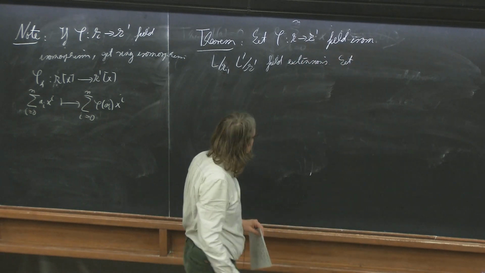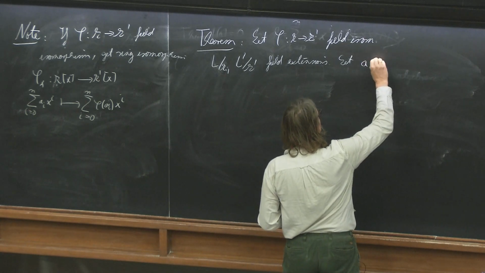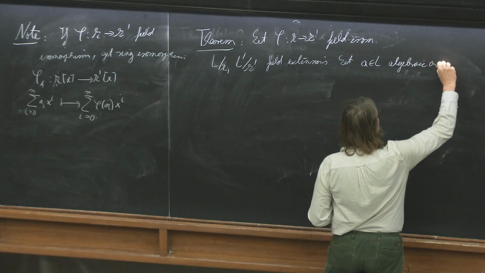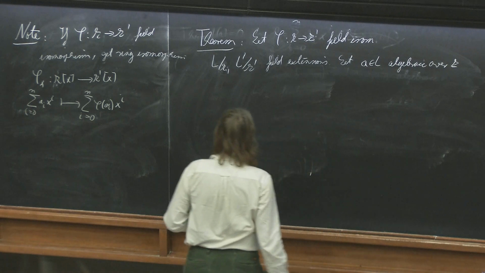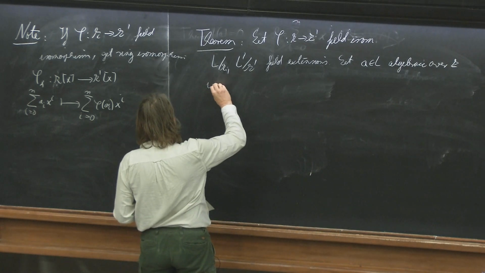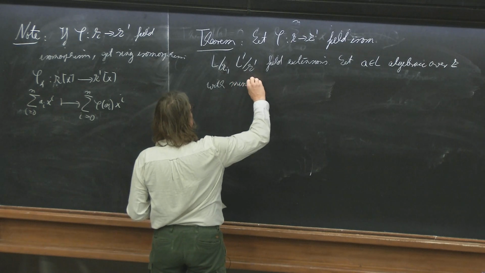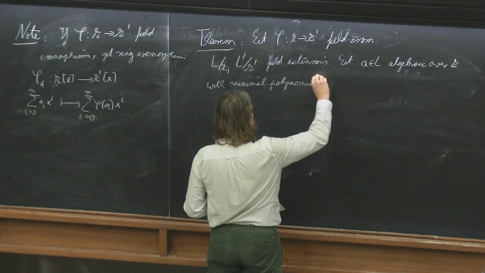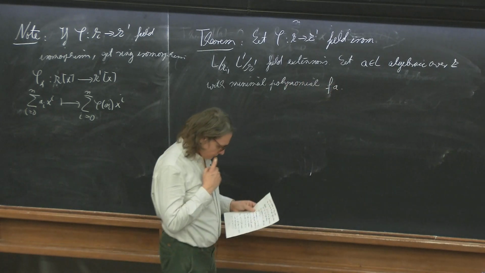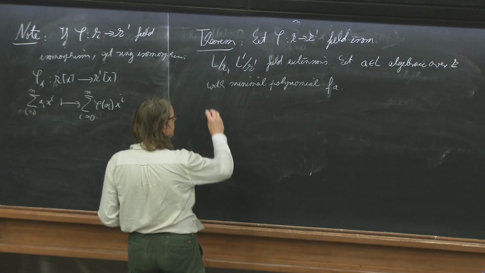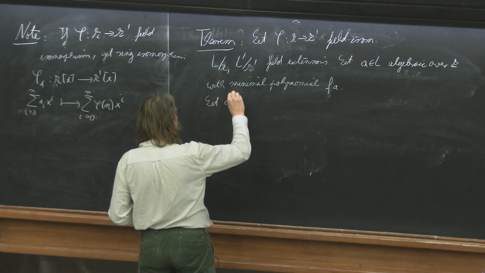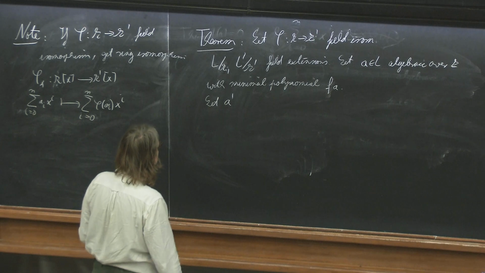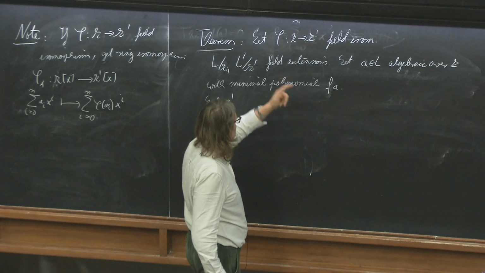Let a in L be algebraic over K with minimal polynomial f_a, and we take a' a zero in L' of the minimal polynomial transformed by phi.